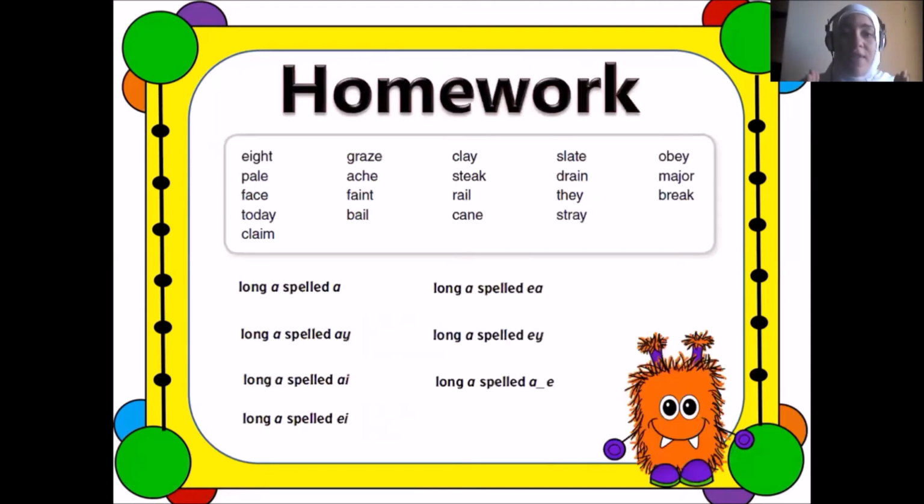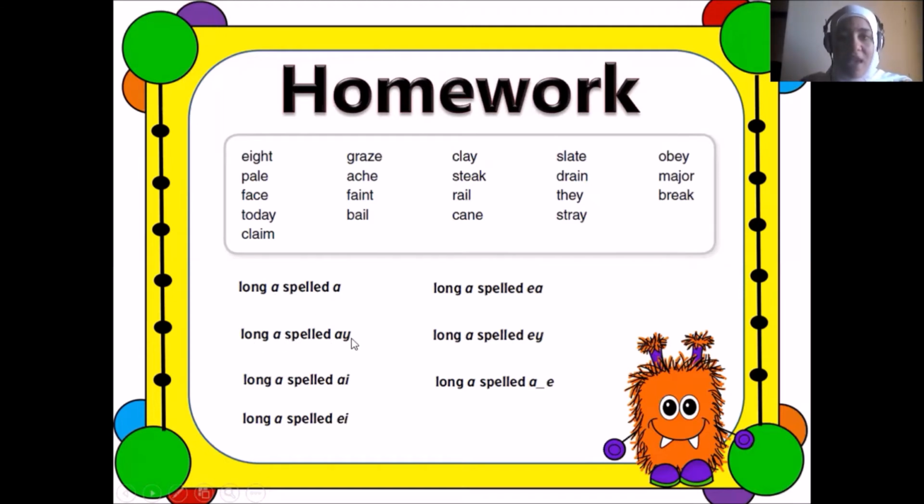Okay, this exercise is a graded homework for you. You have to solve it and screenshot it and submit it on the application, okay? Here you have all of the words, and here you have to categorize them, put them into categories. First group, the long A sound spelled A, written as A only.